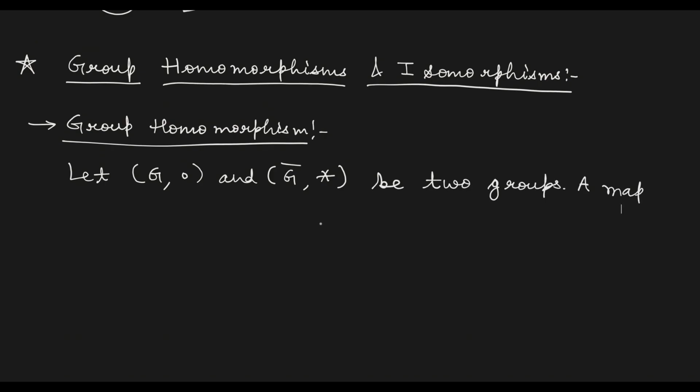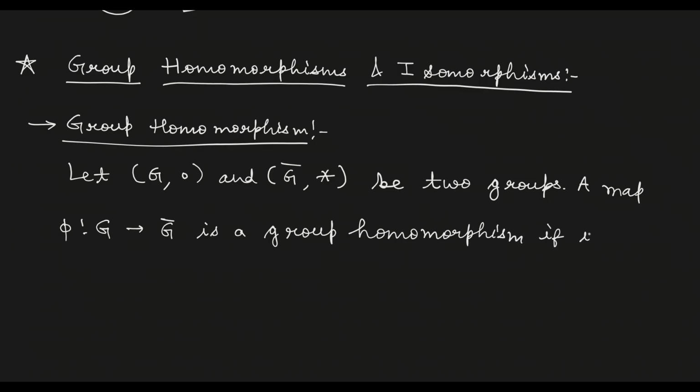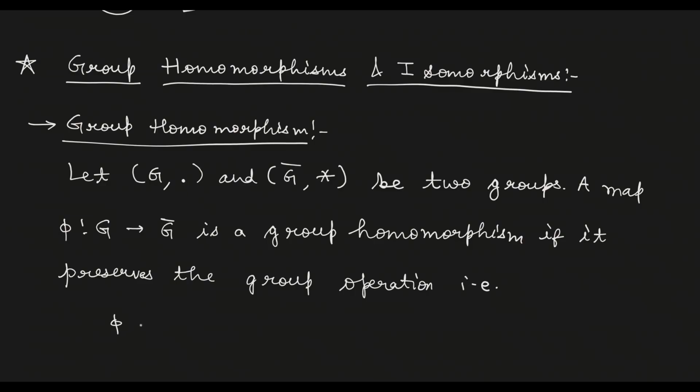A map phi mapping from G to G bar is a group homomorphism if it preserves the group operation. That is, phi(AB) = phi(A) star phi(B) for all A, B belongs to G.